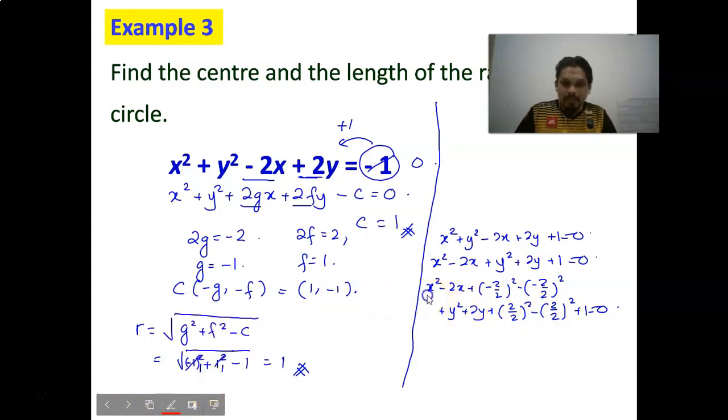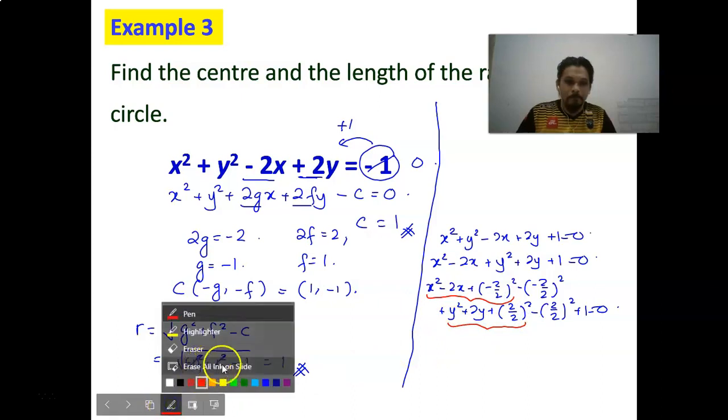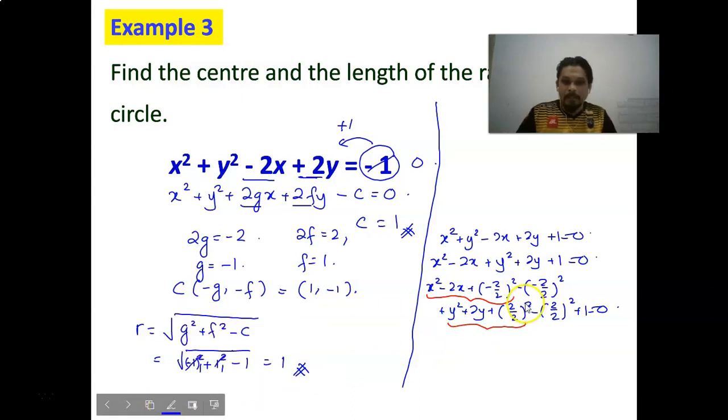Look at these three parts here, and also another three here. Then we come out with x plus negative 2 divided by 2, which is negative 1, so (x minus 1) squared. Negative 1 squared is 1, minus 1.